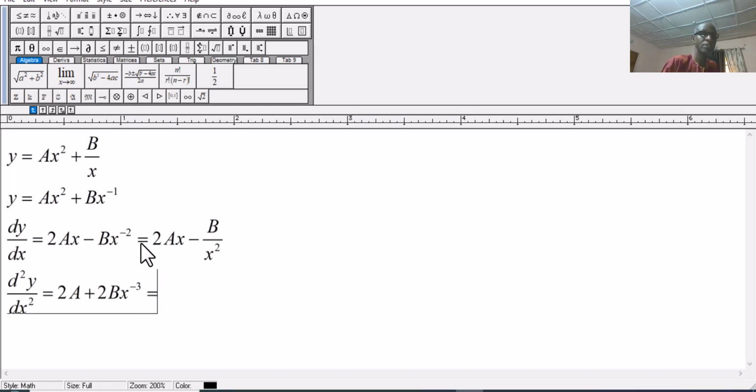So I can rewrite this as 2a plus 2b over x cubed.